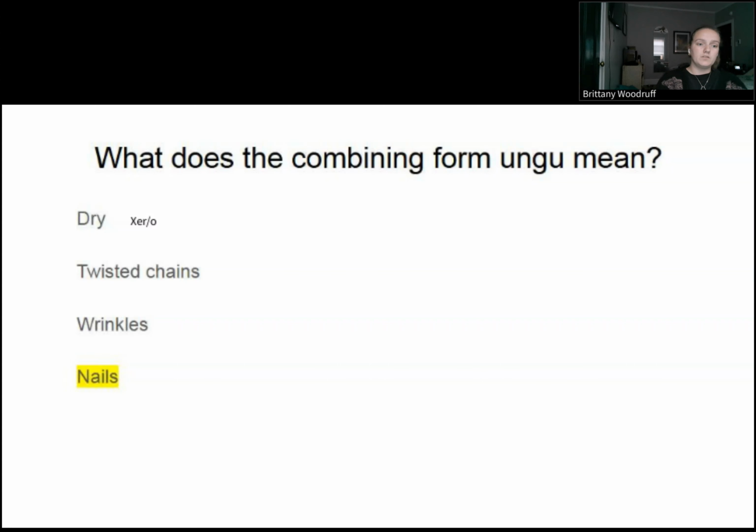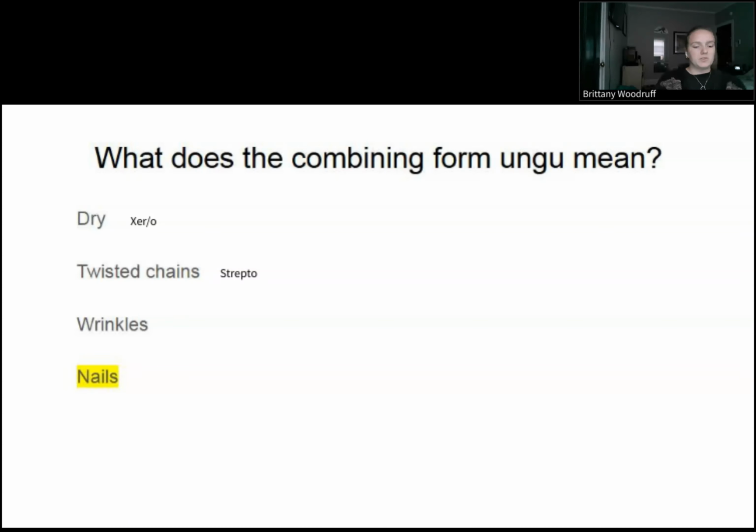I believe it's Strepto. I can't remember off the top of my head, I can just Google it. Yeah, so it's strepto. Staphylo is the grapes. Staphylo means clusters. So fun fact, little tangent: Staphylo actually comes from STAPH, which means grapes in ancient Greek. So it's clusters because it looks like clusters of grapes. But twisted chains, strepto. You'll see this when you talk about different types of bacteria that cause infections.